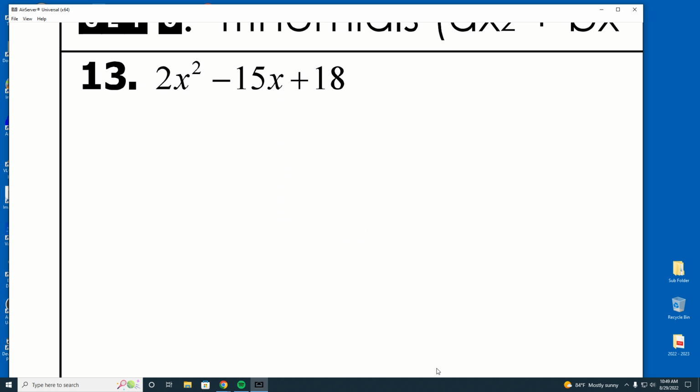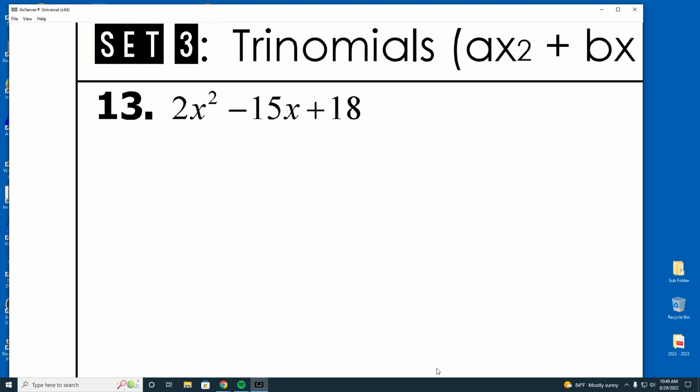If you don't like it, then I'm also going to show you the guess and check method, which is also good. It just requires a little more understanding as far as numbers go, which usually in an honors class you are pretty good at. But anyways, let's go back and look at this problem. Here's how we're going to do it. We're going to use this method.